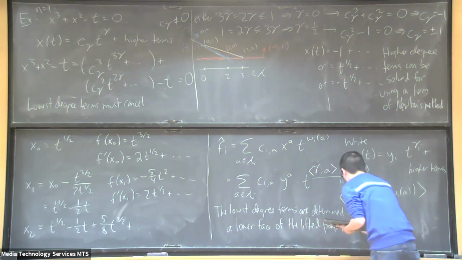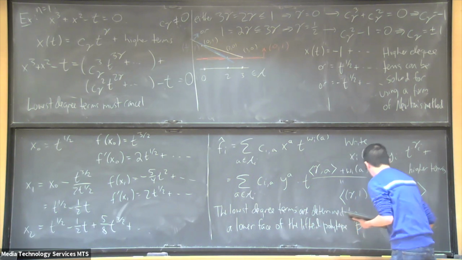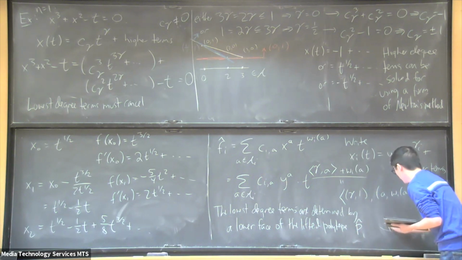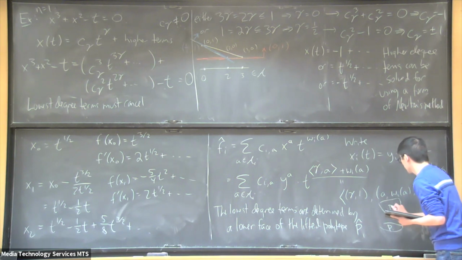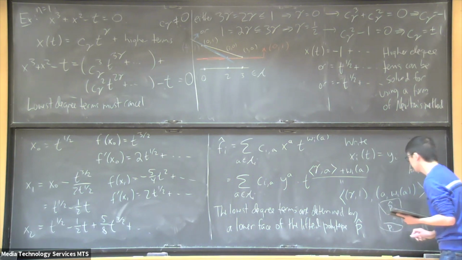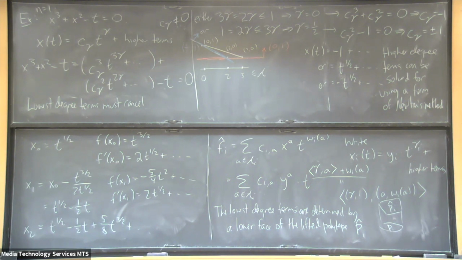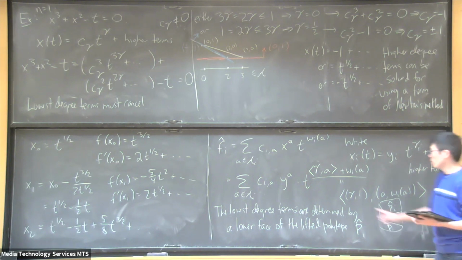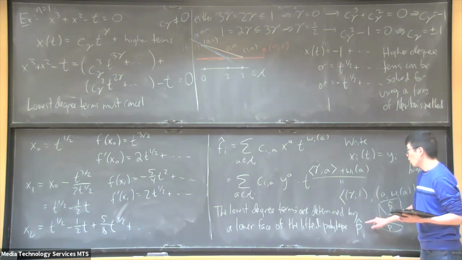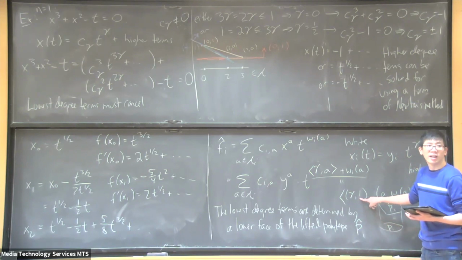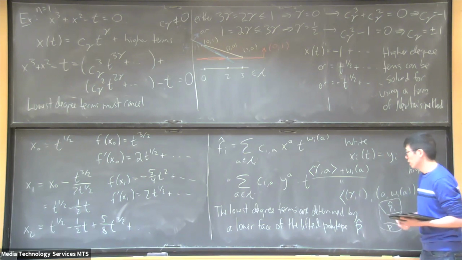Remember, I took pi and then I lifted it. I have pi down here, and then I sort of lift it up to these heights. This gives me this pi hat. So the lowest degree terms are determined by a lower face of this lifted polytope pi hat, namely the lower face that minimizes this functional gamma, 1.